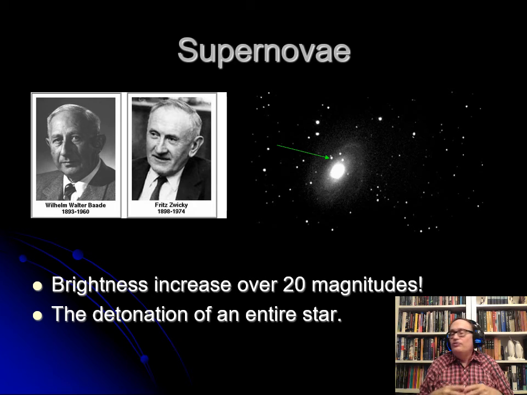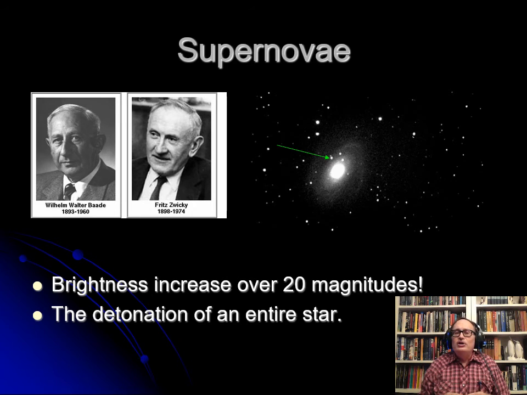And so that's an enormous increase in brightness. Remember, every 5 magnitudes is 100. So this would be 4 of those. So 100 times 100 times 100 times 100. Okay. So that's amazing. That's 10 million times brighter.